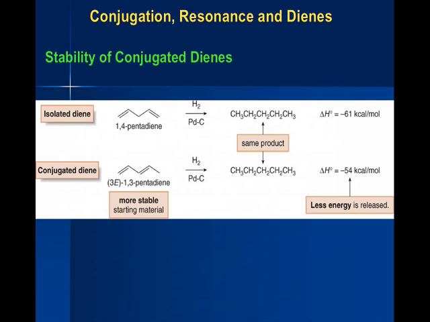And so what's the difference between the two? It kind of is a delta H in a way, but that's not what I'm after. It's the resonance stabilization energy, right? Because they're isomers of one another. The only difference between them is one's conjugated and the other isn't.